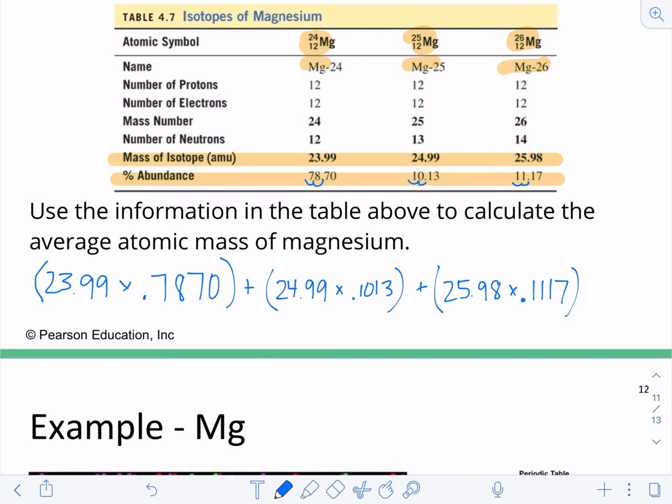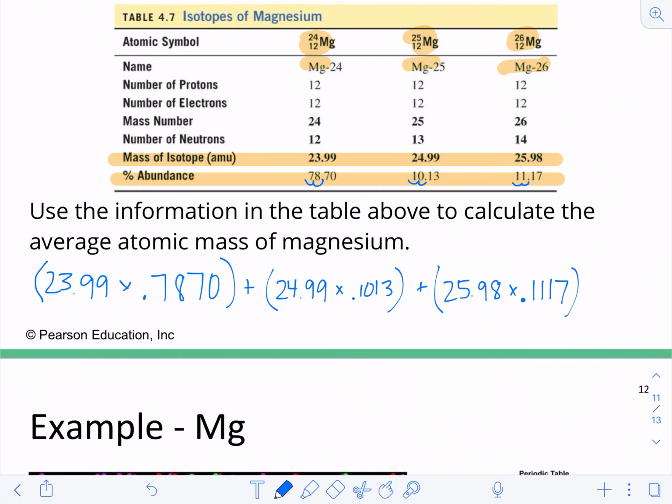7870 plus 24.99 times 0.1013. And last one. So the nice thing about doing problems like this is that after you do your work, we know that this element is magnesium, and we can go check out the mass on the table and just make sure that we're close.